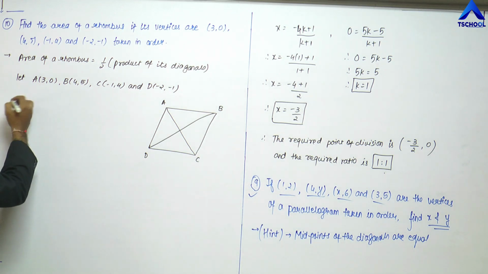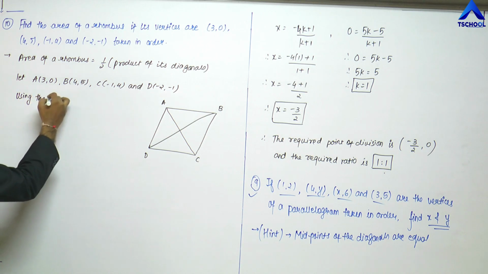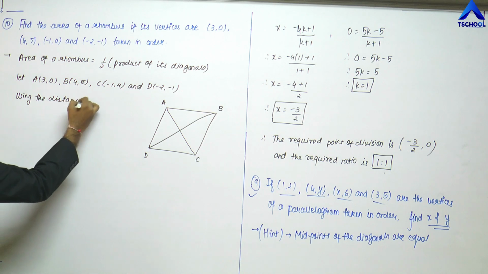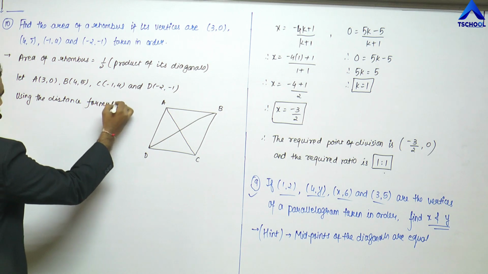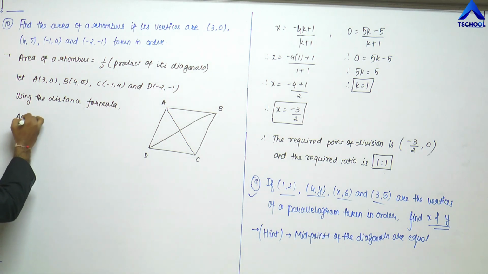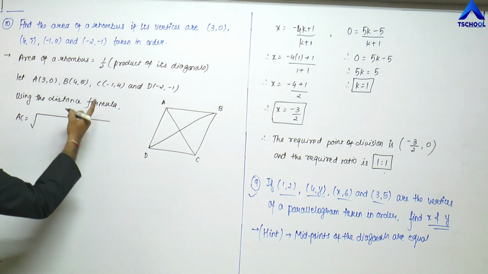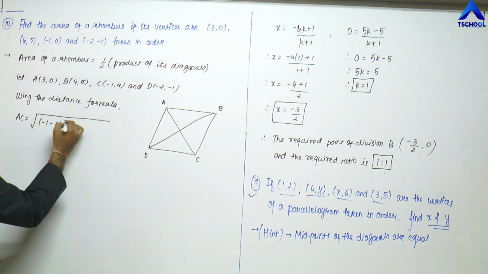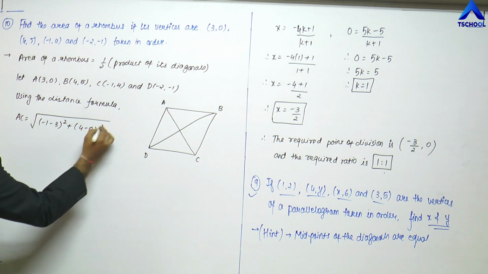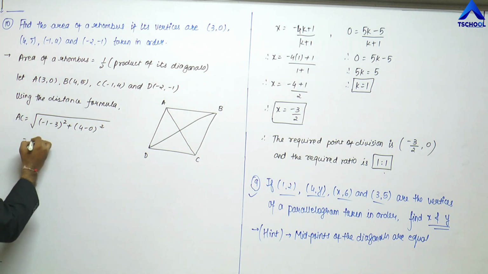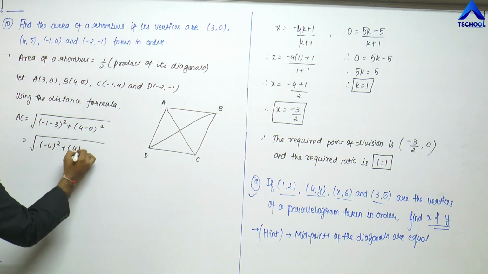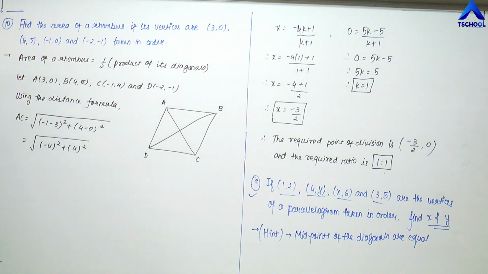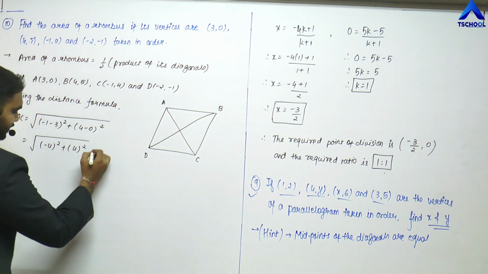So first of all we shall find out using the distance formula. We have AC equals square root of -1 -3 whole square plus 4 -0 whole square, that is equals square root of -4 whole square plus 4 whole square. -4 square is 16 and 4 square is also 16.